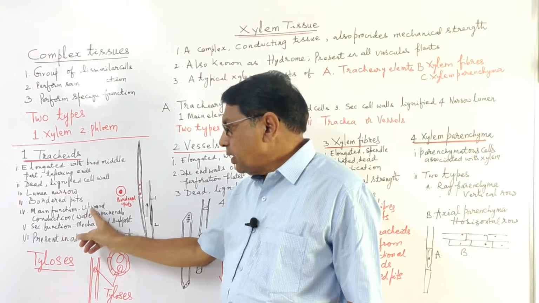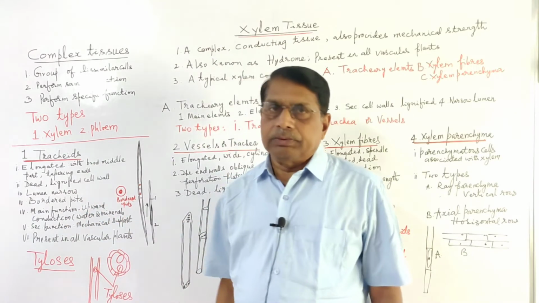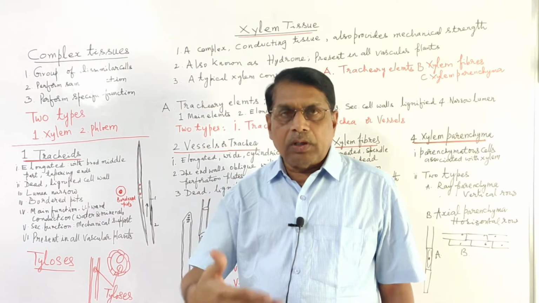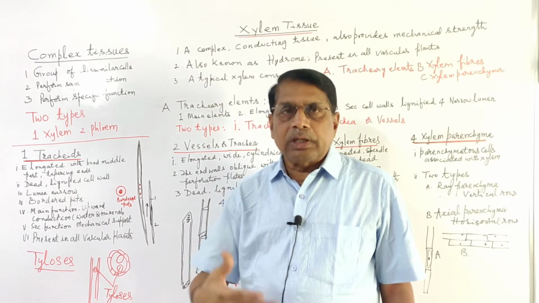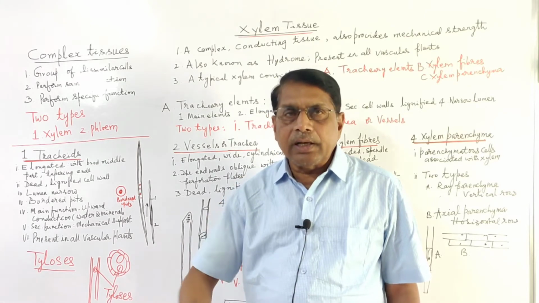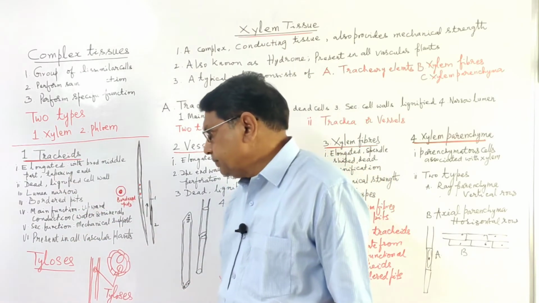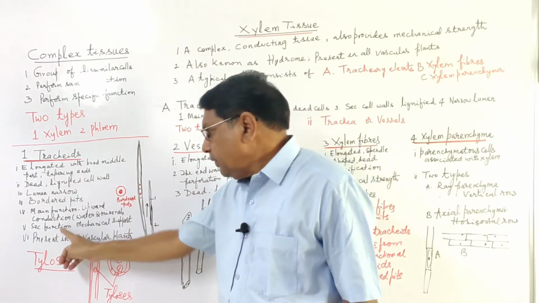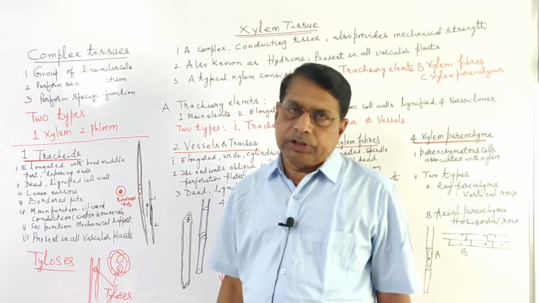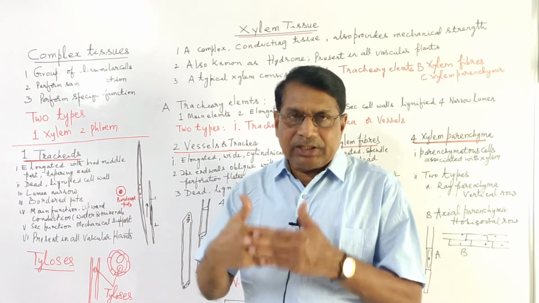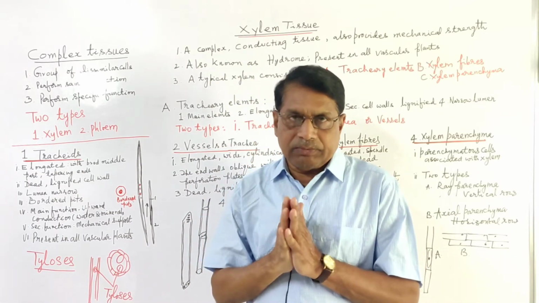Main function, upward conduction. Whatever the water, dissolved minerals absorbed by the roots, they are conducted to the shoot system through the tracheids. Secondary function, mechanical support, mechanical strength, so that it can stand erect.